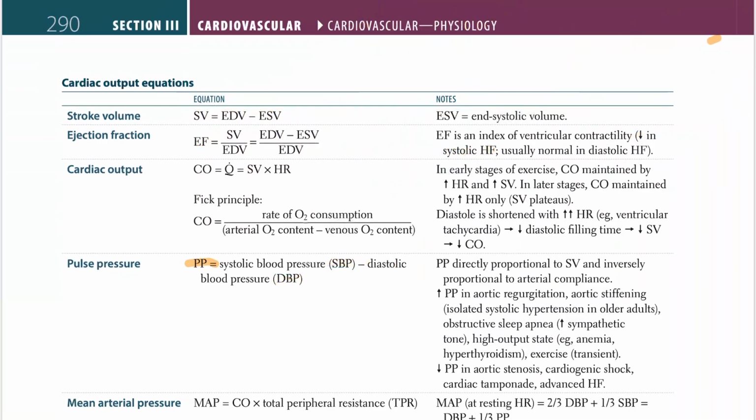Stroke volume is basically the volume of blood ejected from the left ventricle with each beat. So with each beat, whatever goes out of the left ventricle is the stroke volume. And how do we calculate stroke volume?